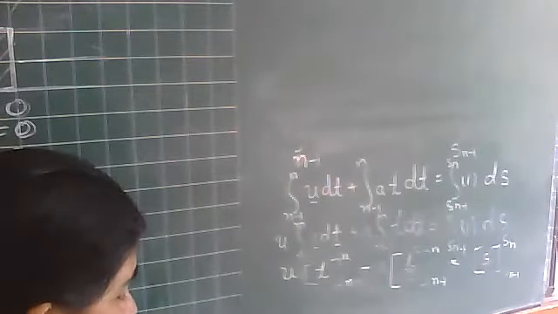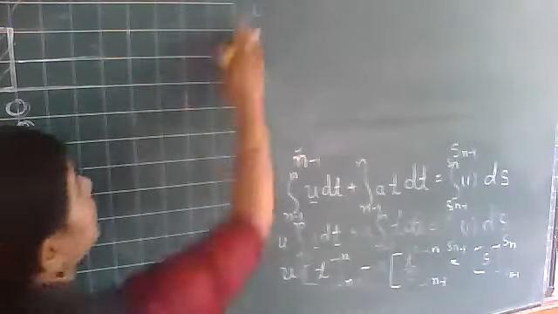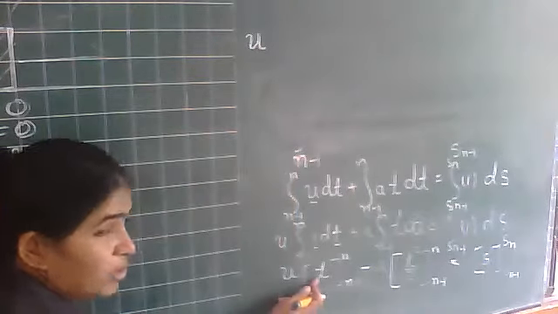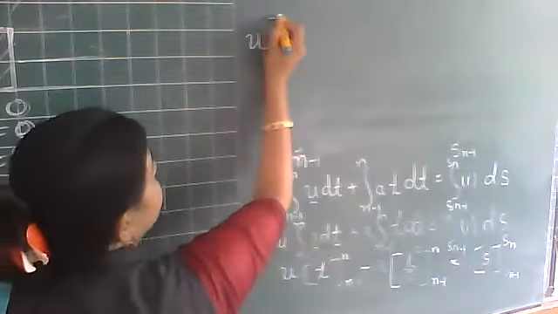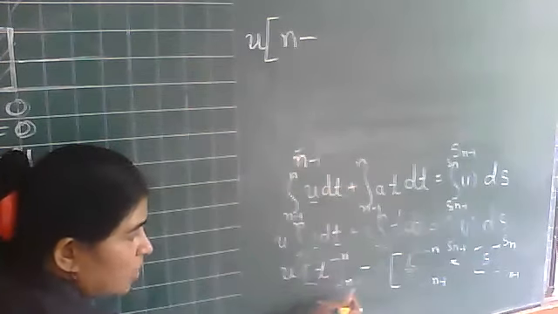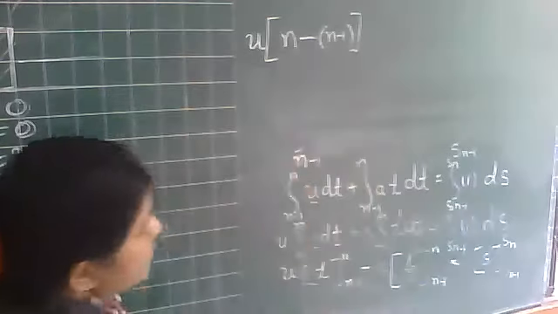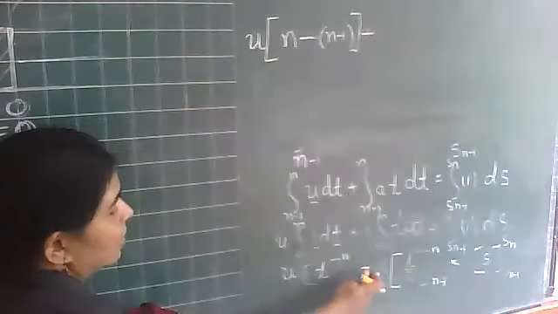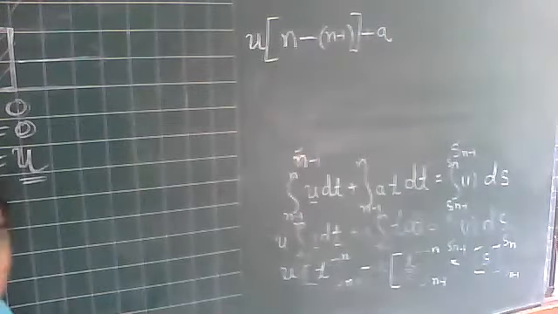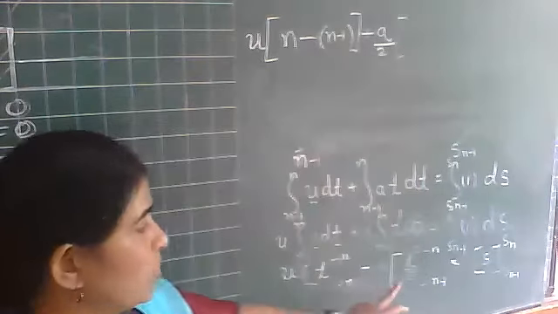And here we are going to get u, and instead of t we will put the upper limit n, minus the lower limit n minus 1. Plus a, and this 2 can come out because 2 is constant. Nothing will be substituted in 2. Whatever will be substituted, will be substituted in t.